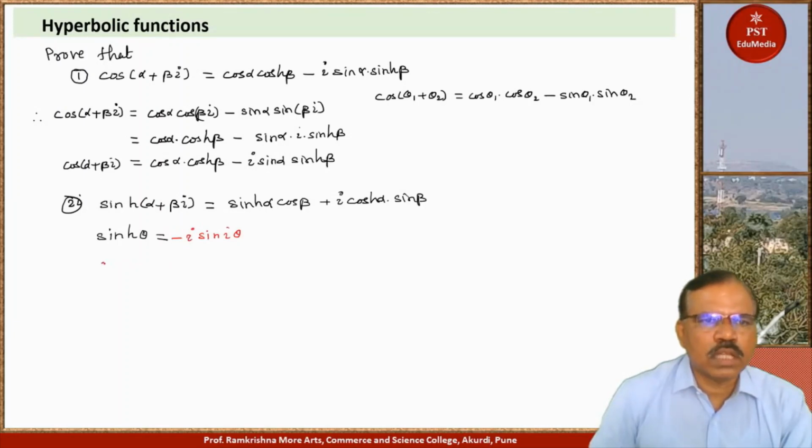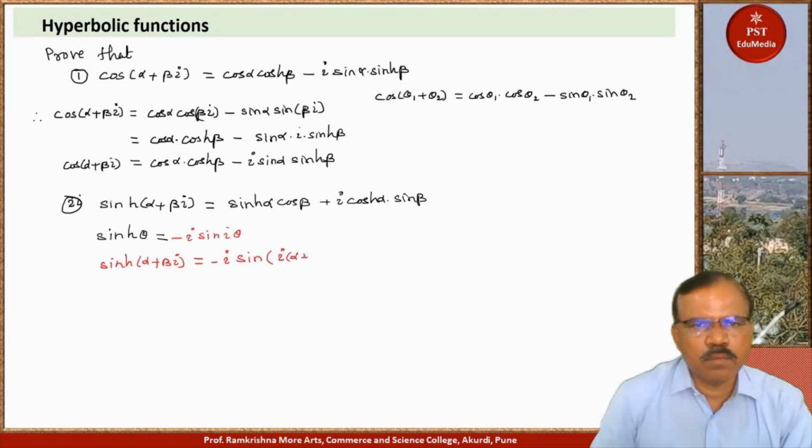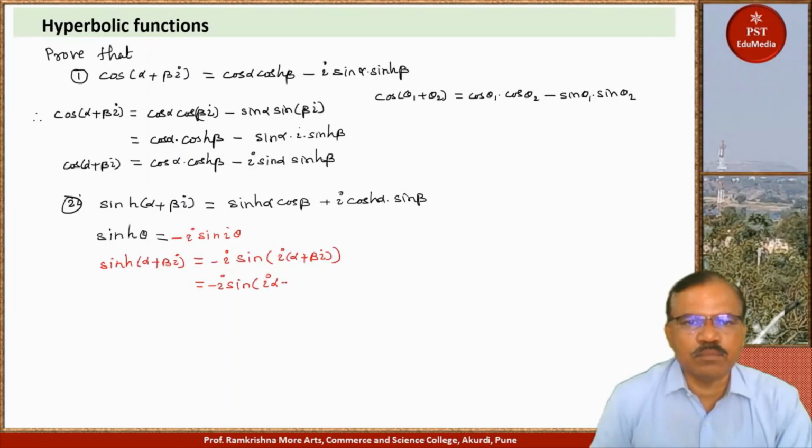So sin hyperbolic of alpha plus beta I is equal to minus I times sin I times alpha plus beta I. So I can write this as minus I sin, now I can write I alpha plus I square beta, that is minus beta.